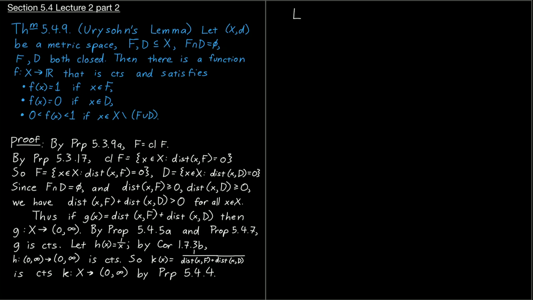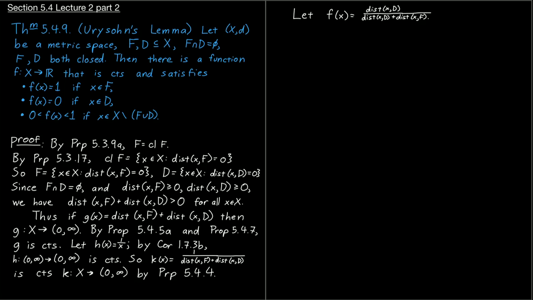So now we're going to let f of x be our k function multiplied by the distance from x to D. And what we get, of course, is the distance from x to D divided by the distance from x to D plus the distance from x to F.